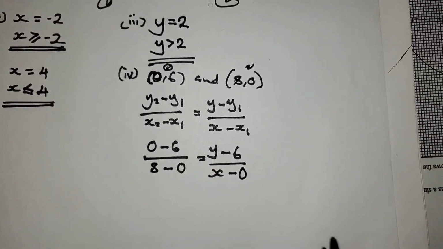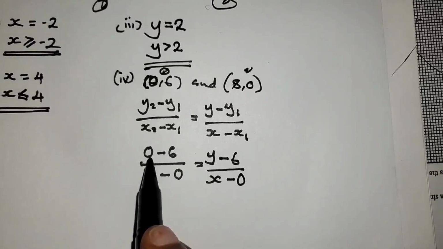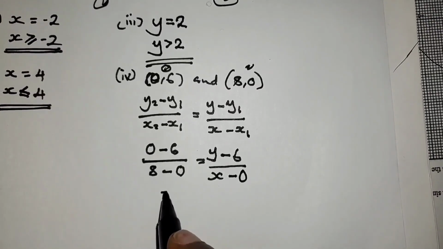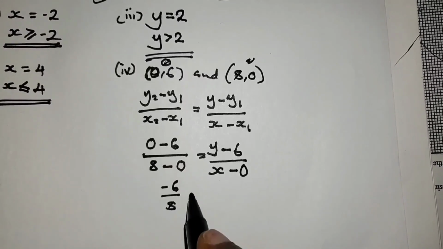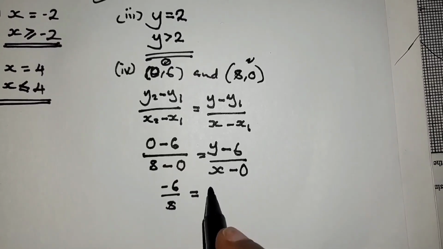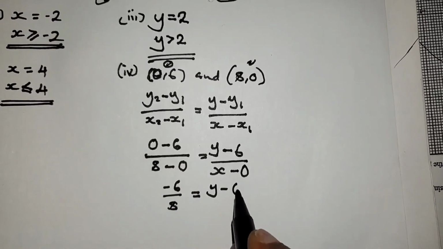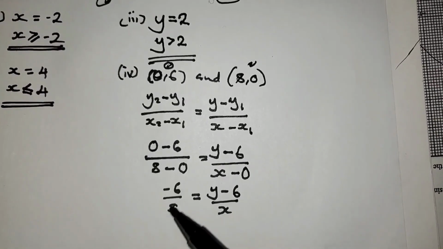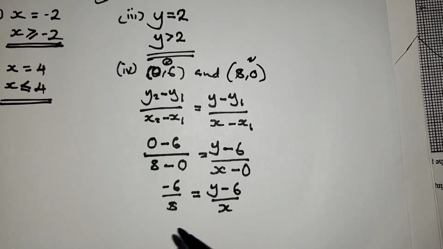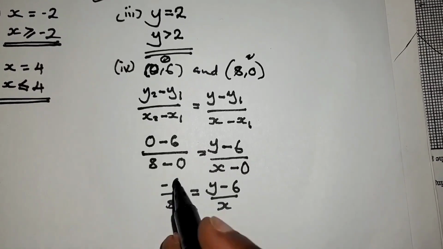Okay, so you just need to know this formula. Then 0 minus 6 is -6. 8 minus 0 is +8. This equals y minus 6. x minus 0 is just x. But if you look at this, you can still reduce 6 and 8.